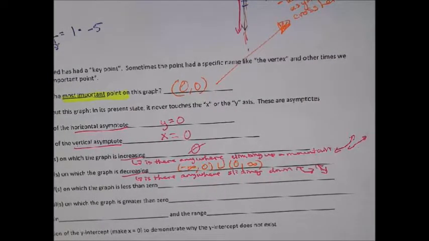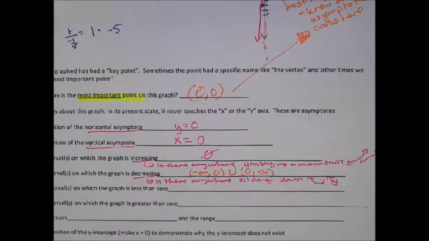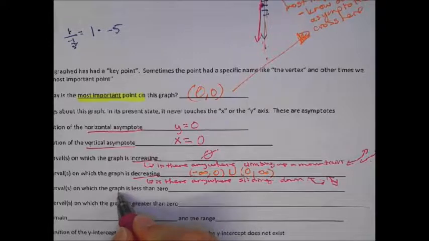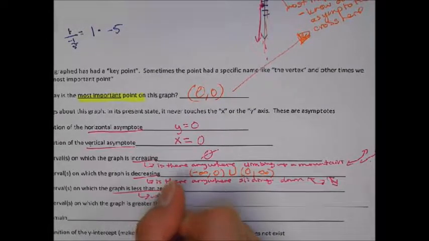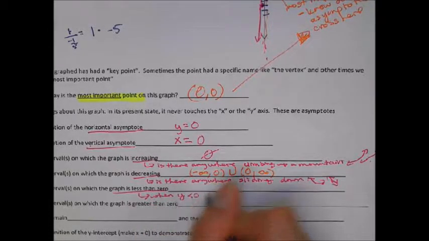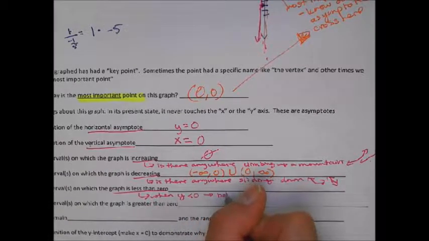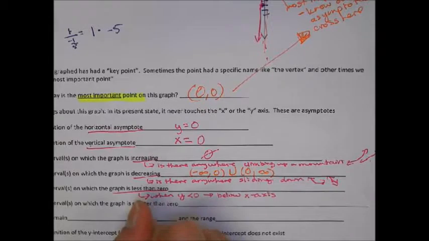So state the interval where the graph is less than 0. So this piece has us looking at our y's. When is our y less than 0? So that means below the x-axis. And when are we greater than 0?